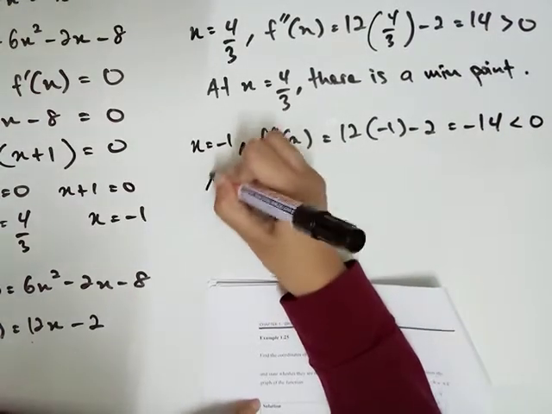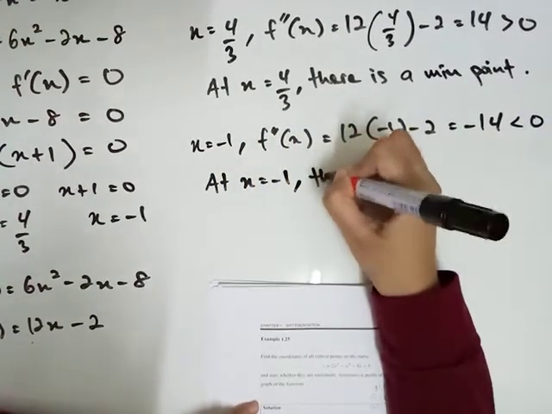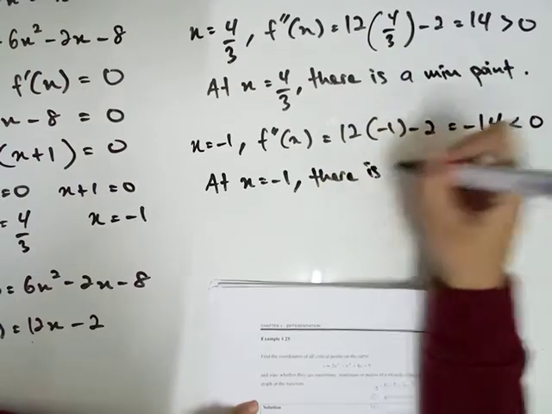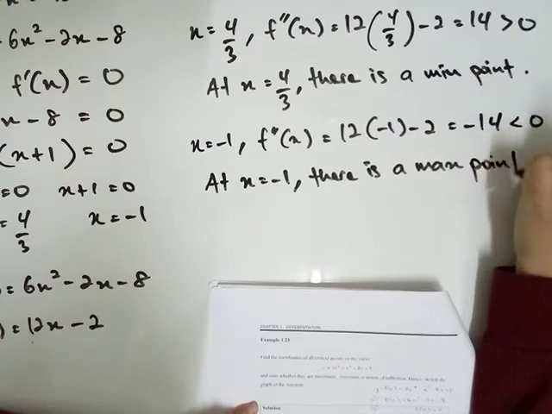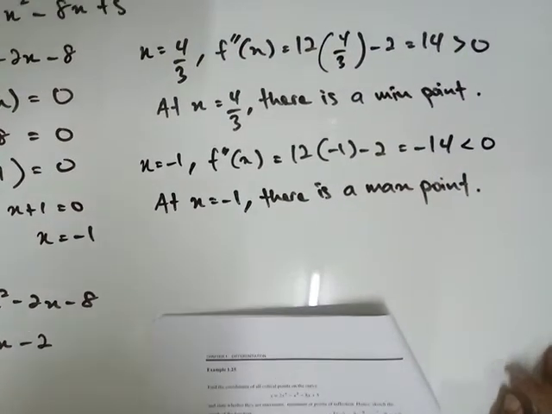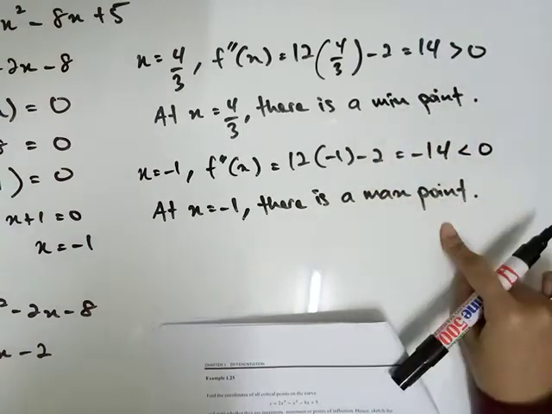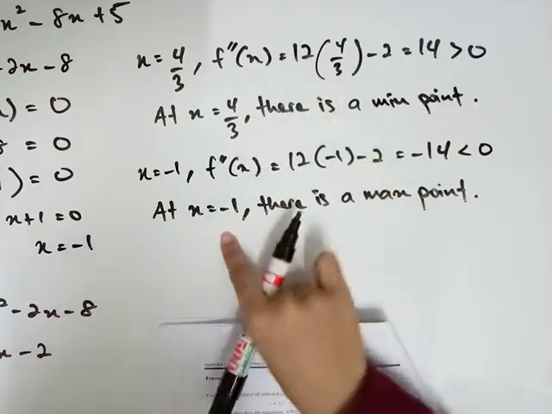Therefore, you describe that at x equals negative 1, there is a maximum point. That's it. So we know the minimum point and maximum point at x values 4/3 and negative 1.